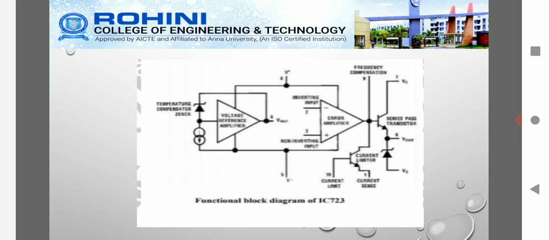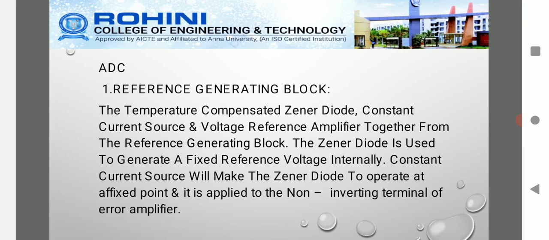So you can see the functional block of this IC723 here. This consists of the temperature compensator, voltage reference amplifier, error amplifier, and the feedback is sent back to the input. And you can find the temperature compensator, Zener diode, constant current source, voltage reference amplifier as shown in the diagram.